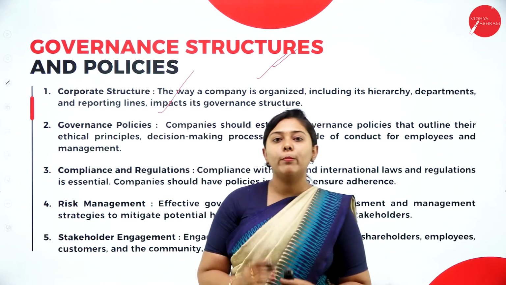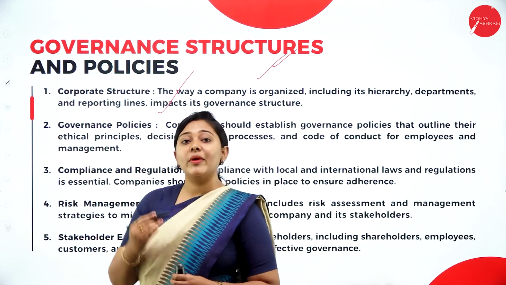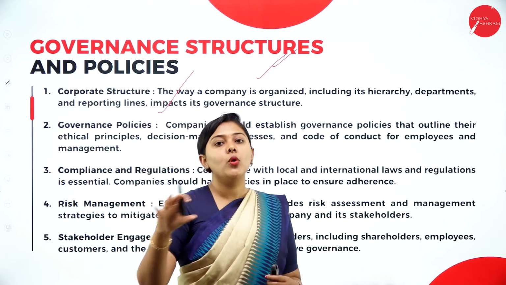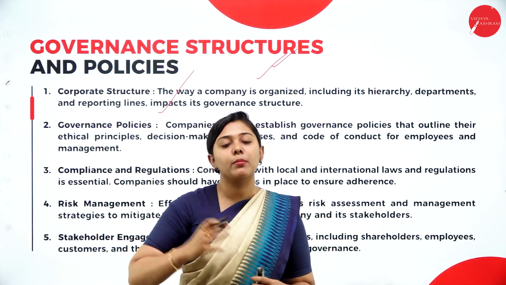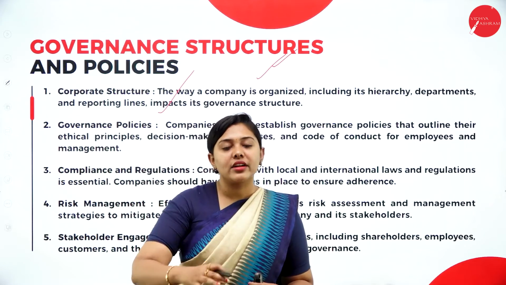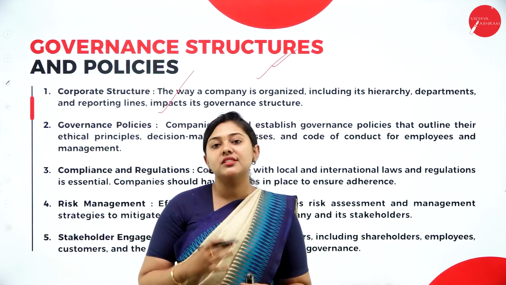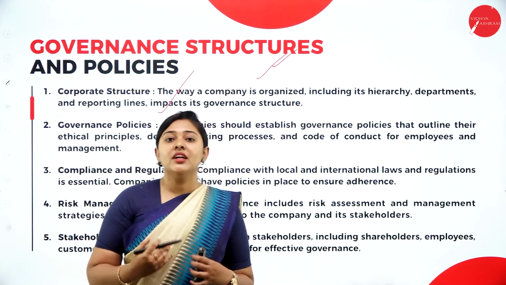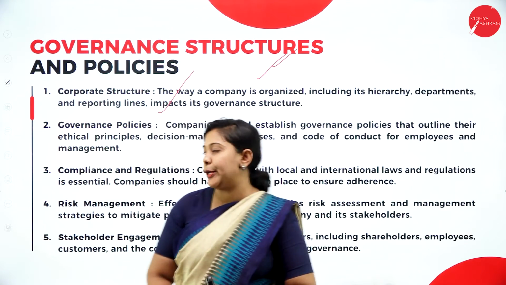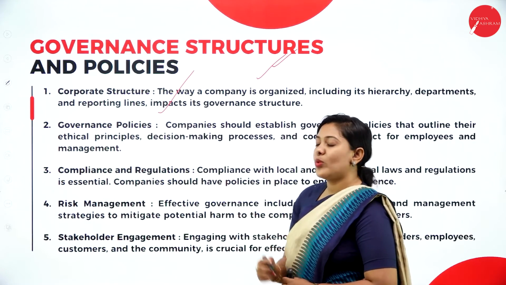Once you have a proper governance structure, ethical acts will happen, because there will be no bias among the employees. Employees will be provided with the right job at the right time with the right responsibility, so they can work more efficiently and effectively. So corporate structure is very essential.